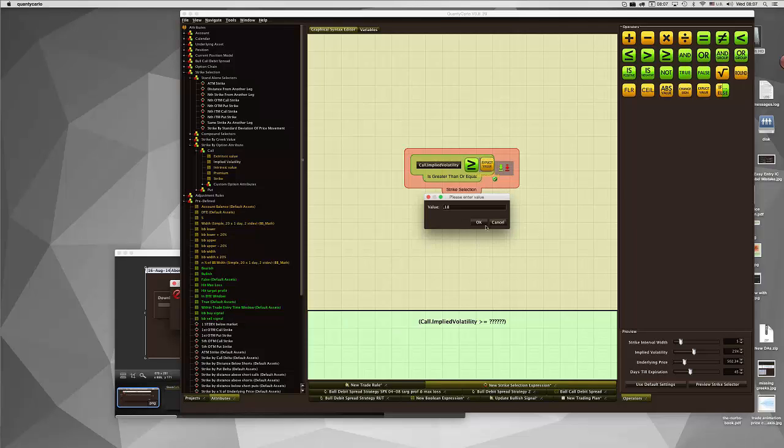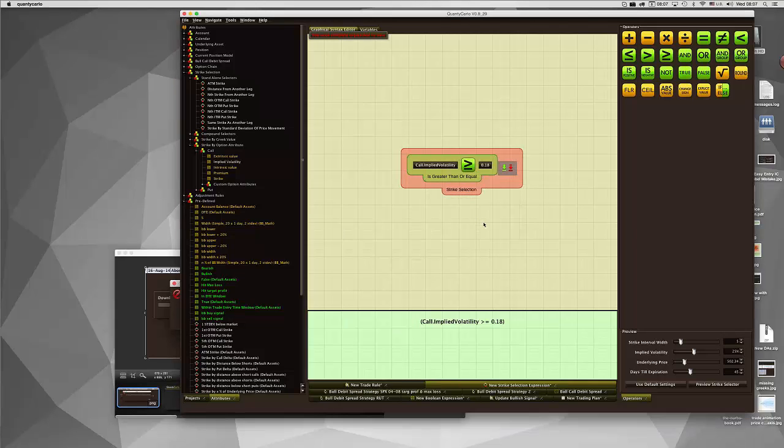Now, there's a reason why I'm choosing 0.18. Because in this simulation, when we do strike selector preview, all of the volatilities are the same for all strikes. So it's unrealistic in that sense. You don't get the volatility smile like you would in real market data. But let me set implied volatility at 20%.